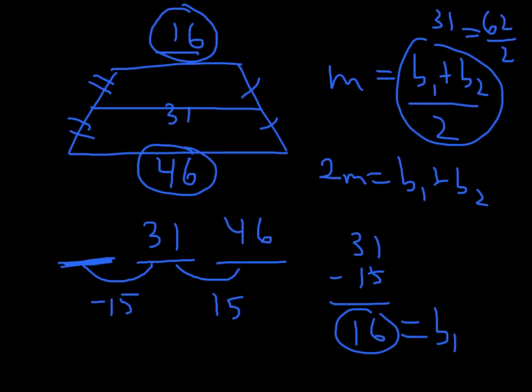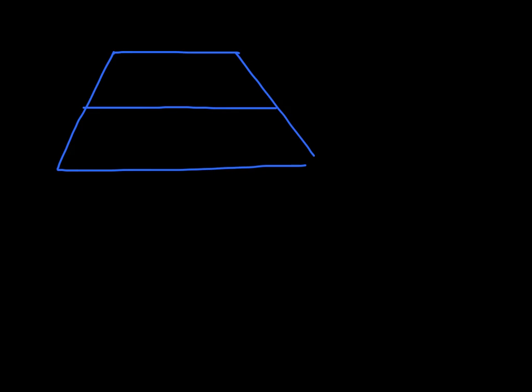I'm going to give one more. Make it algebraic. When it's algebraic, it's safer to use the formula. Because if you subtract, some students typically will forget to distribute the negative sign if there's a binomial. So x plus 2 is the small base, 30 is the length of the median, and the expression 2x minus 2 represents the length of the bottom base.